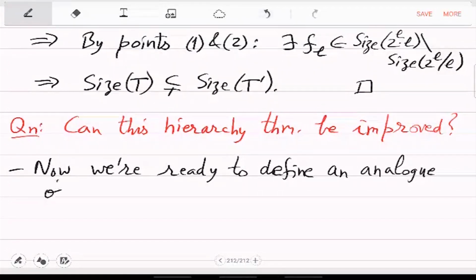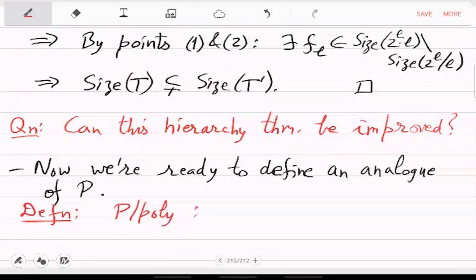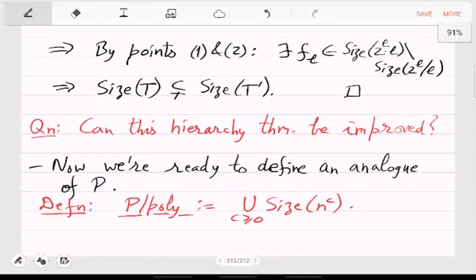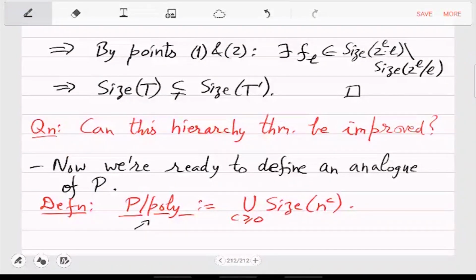An analog of P. So, what will that be? So, unsurprisingly, it will just be the union over all polynomial sizes. Okay, but the name has an interesting notation. It's called P slash poly.